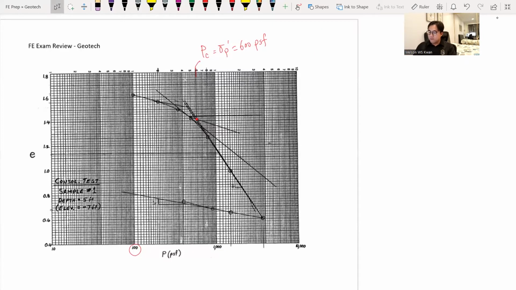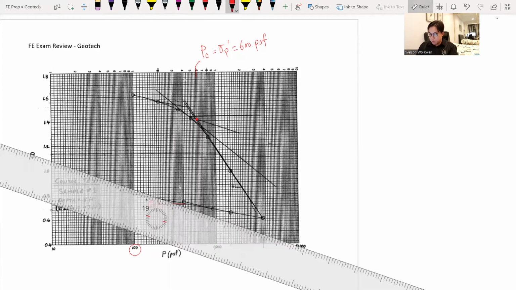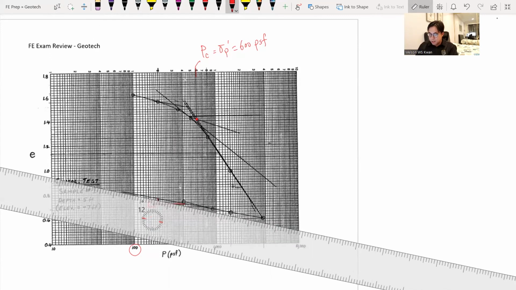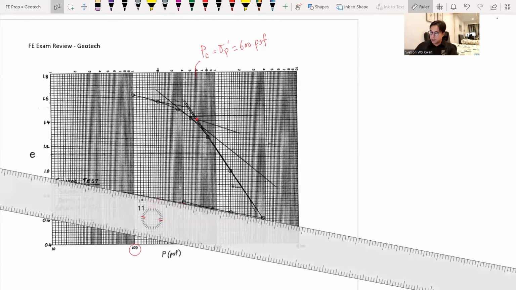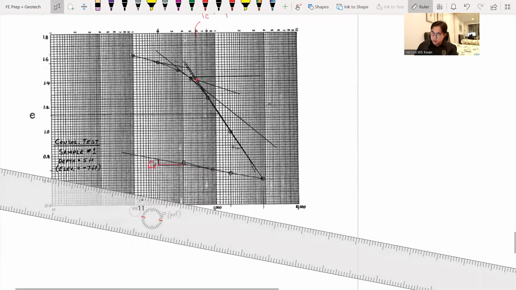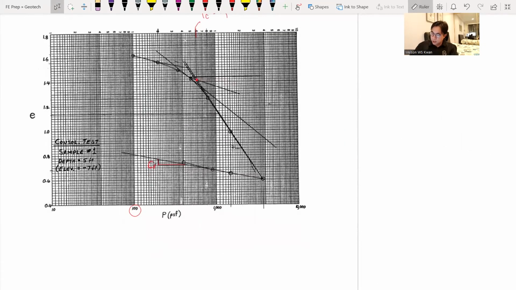Next, we want to find our recompression index, which is C sub R here. This is our C sub R right there, which is this slope. This is the slope that we want to find that represents the C sub R recompression index, or this slope. Essentially, these 2 parts are parallel with each other.